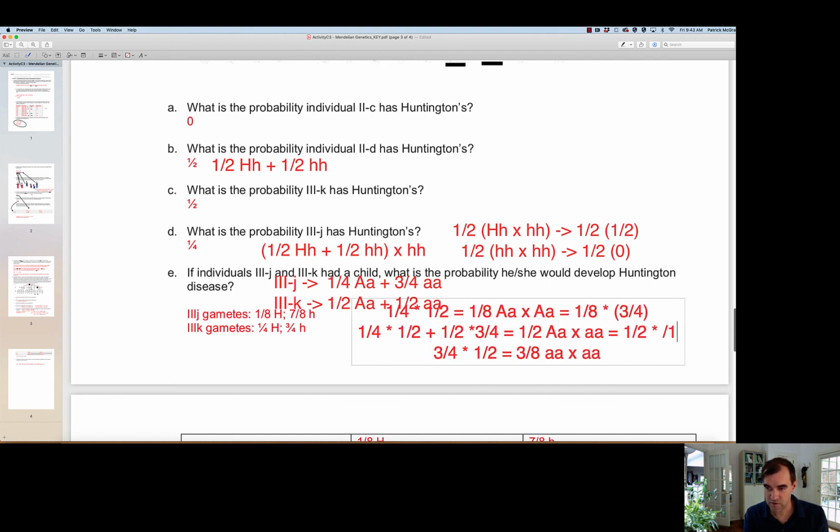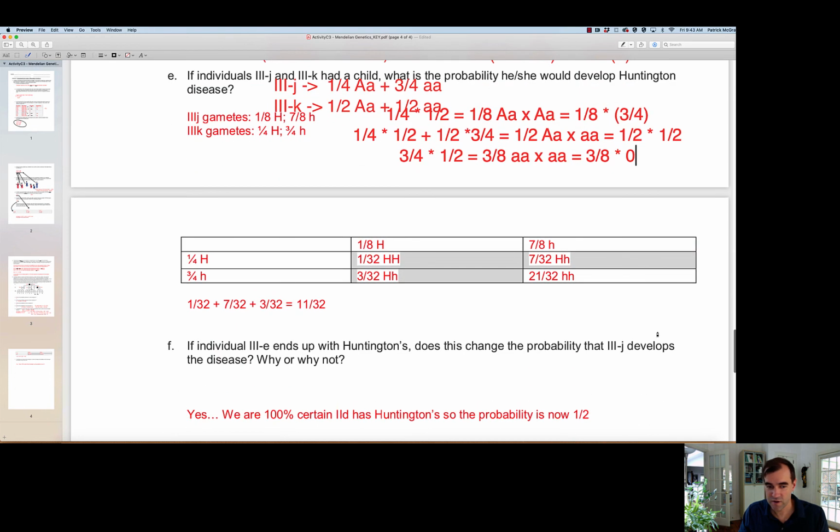So if the genotype is this, it's 1/2 times 1/2. And then the final one is 3/8 times 0. And so if we add all these together, we would get 3/32 plus 1/4, and that would equal 11/32. So the answer is 11/32.